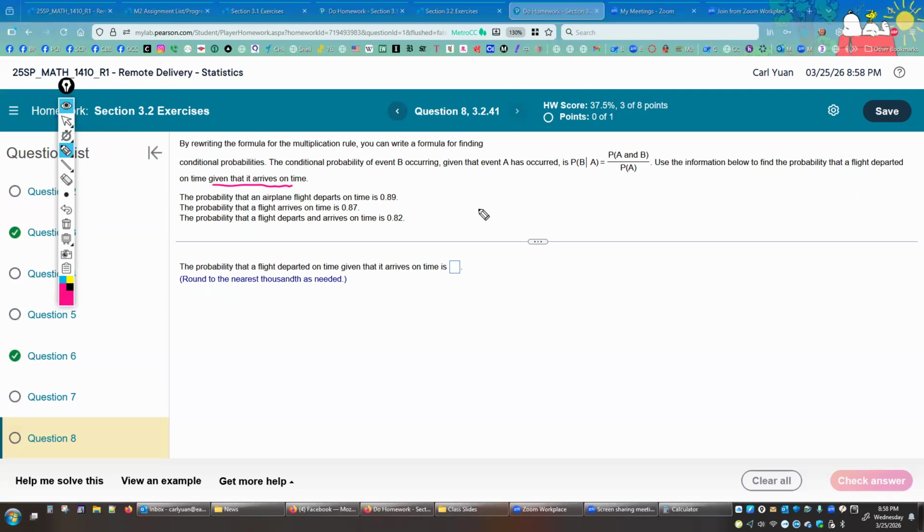Let's define our A and B. A is departed on time, B is arrived on time.